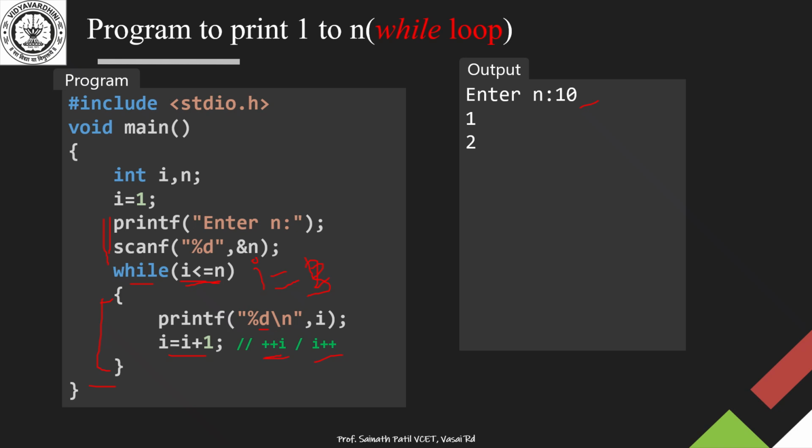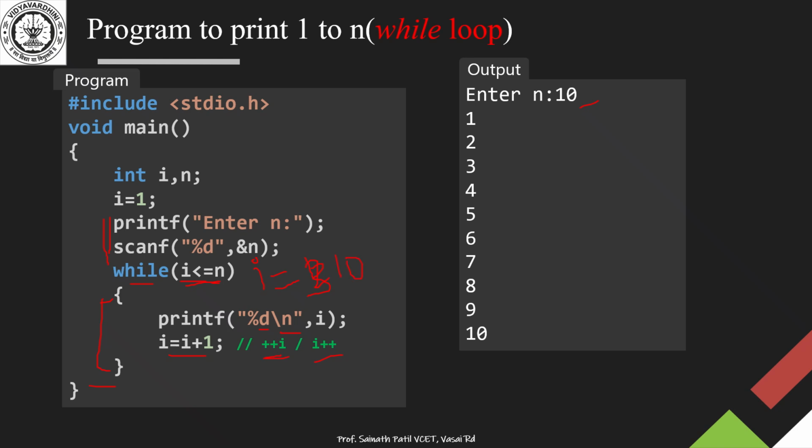So printf %d i, so 3 will be printed. As the new line character is used, every time it will print on a new line. Then i becomes 4, 4 will be printed. Then 5 will be printed, and so on till i becomes 10.